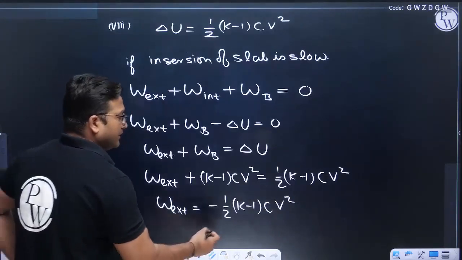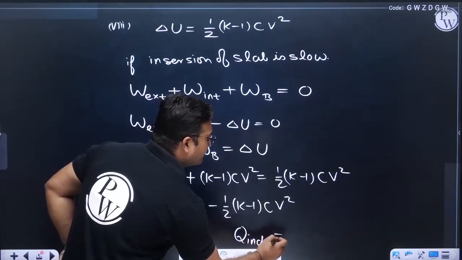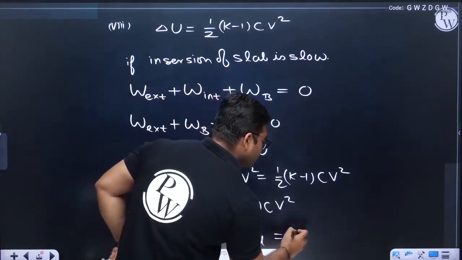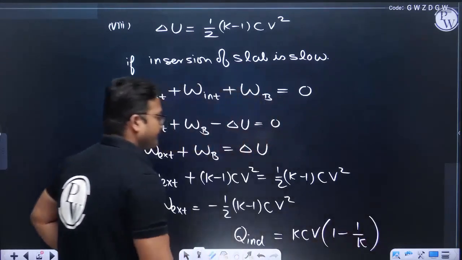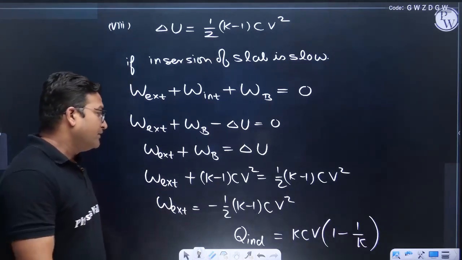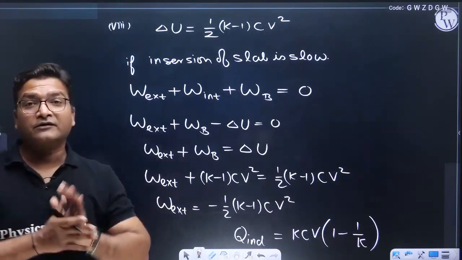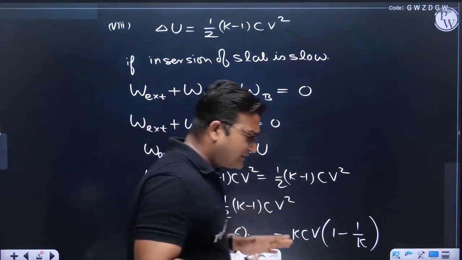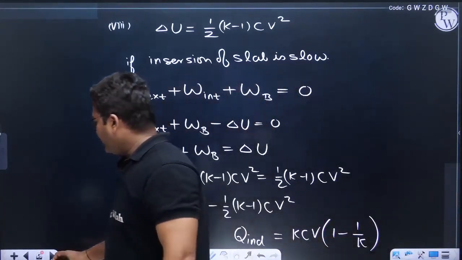The magnitude of Q induced on any one face of the dielectric can be written as the new charge KCV times (1 minus 1 upon K), the same formula. So these are a few fundamentals that you have to remember. Learn them one by one, practice them first and then go for solving questions. I'll again say, pause this video, learn them well and then go further with this session.